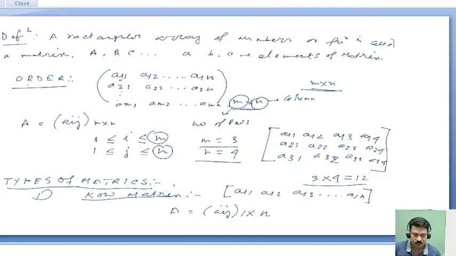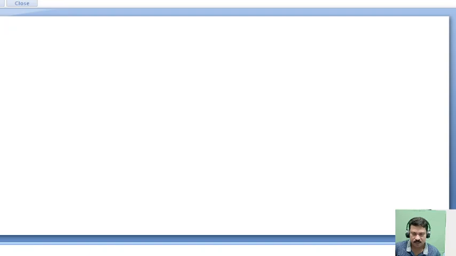Next we come to the point of column matrix. As in the name, in a column matrix only one column is present.